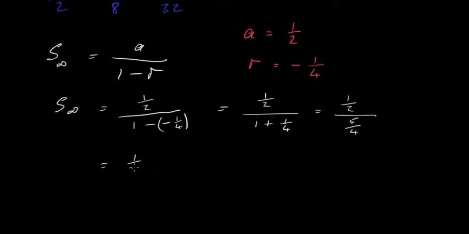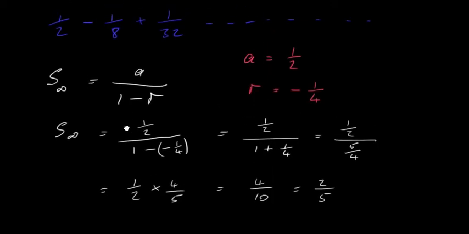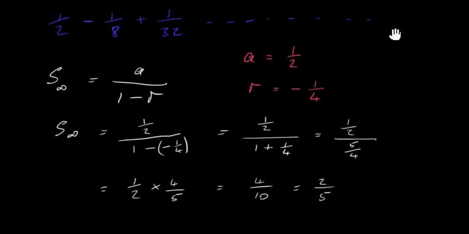That'll be a half, and we're going to flip this and multiply, if you like. So it's 4 over 5. That gives me 4 ones 4, 2 fives 10, so that gives me 2 over 5. So this particular series, if we keep on adding these numbers, eventually we're going to approach 2 over 5. Okay, so that's the limit of this series as n approaches infinity.